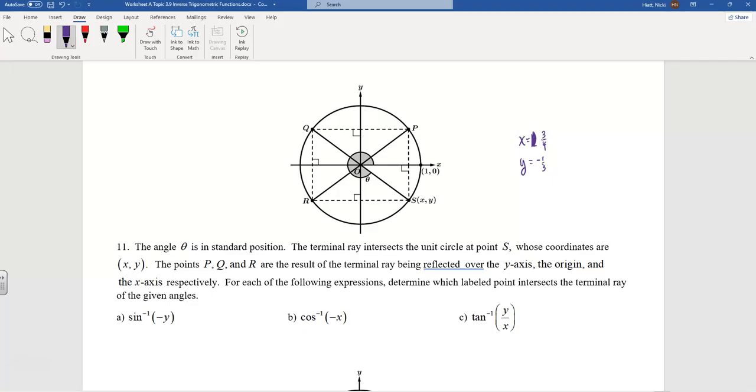So that means up here, at this point P, the x coordinate would still be positive. It'd be the same, right? But what would happen with the y? It would have the opposite sign, right? So to do that, I'd have a negative y right here.